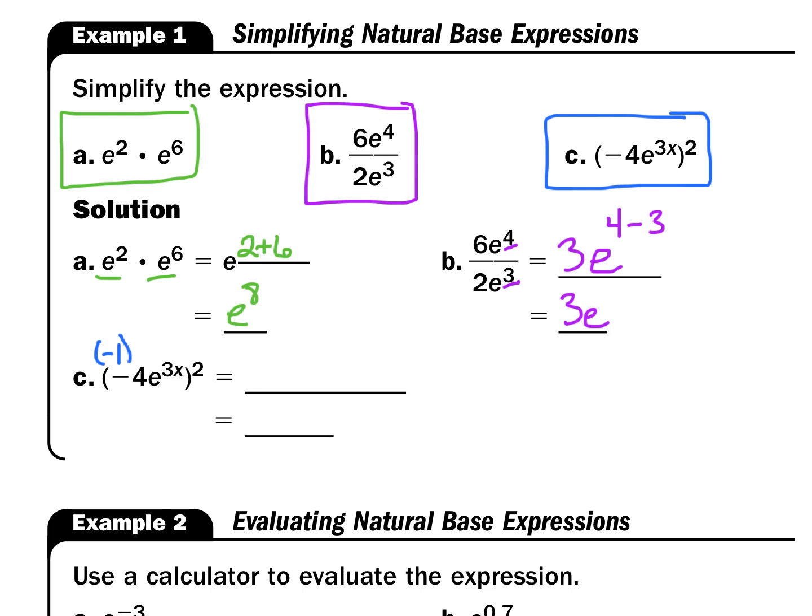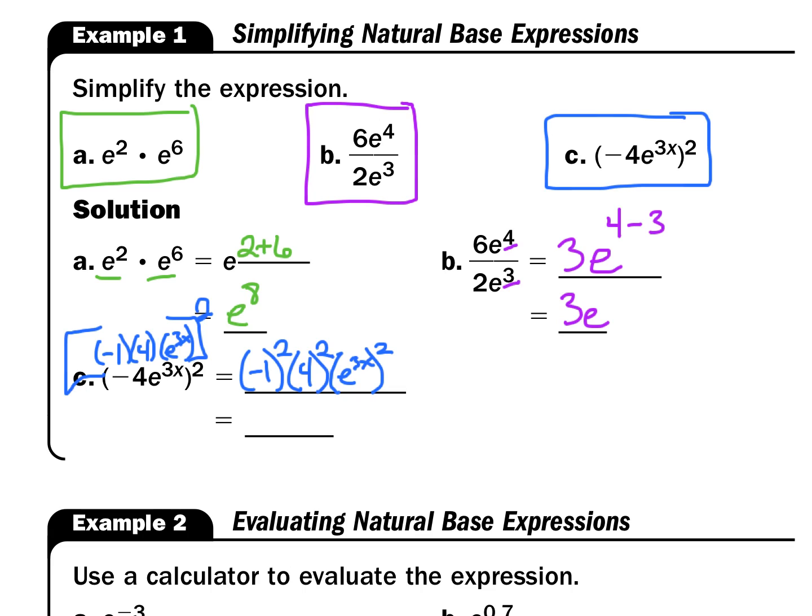So this is like negative 1 times 4 times e to the 3x, and then that whole thing is squared. So I have to use my power of powers, which means that now we have negative 1 squared times 4 squared times e to the 3x squared. So I have to apply the power on the outside to all the powers on the inside.